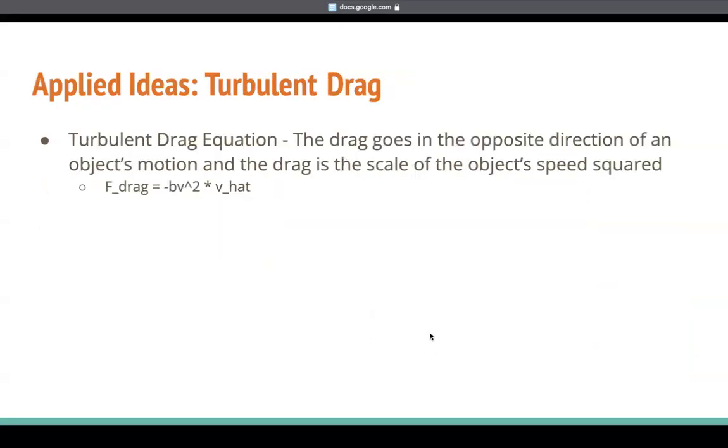And then there's also going to be a drag force equation we're going to be using in this lab, where the drag goes in the opposite direction of the motion of an object, and it's also the scale of the object's speed squared. So we can see that it is negative b v squared times v hat, where b is the constant of drag.